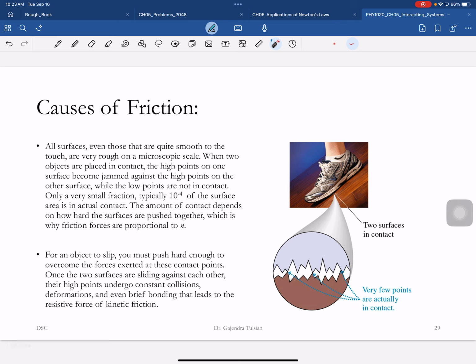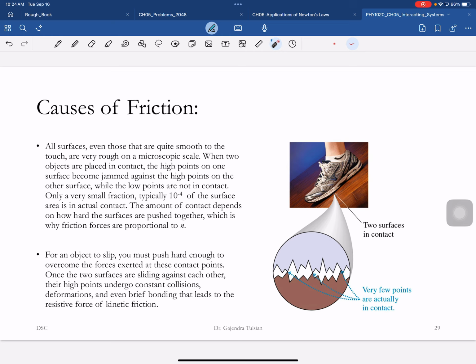So what causes friction? What causes the friction between your foot and the floor? No matter how smooth a surface, it's pretty rough at a microscopic level. So these points that contact form loose bonds. When I'm trying to push my foot, those bonds are pulling in the opposite direction.